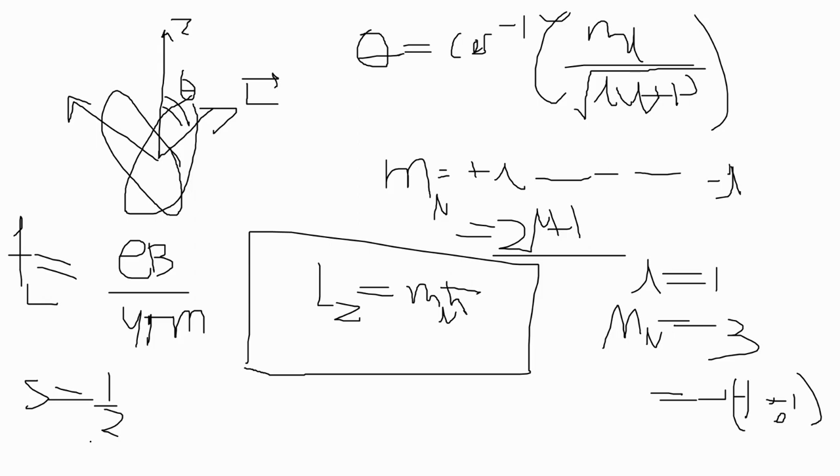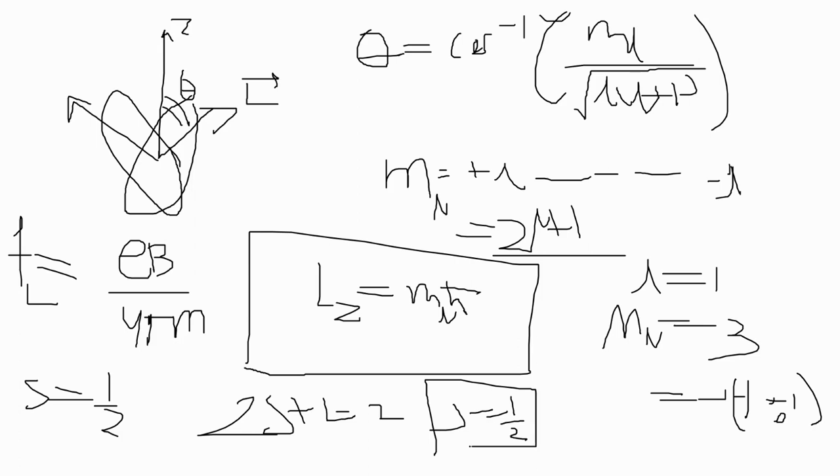Since in the experiment the orbital quantum number was 0, they found that there must be another quantum number due to which the orientation is occurring. There are two spots, and we know that with 2s plus 1 equal to 2, it gave s equal to half. So the spin of the electron was defined.